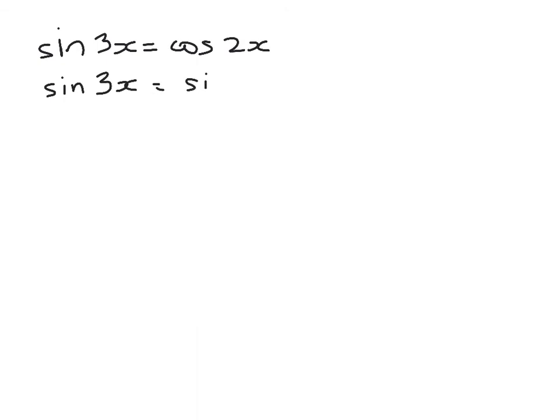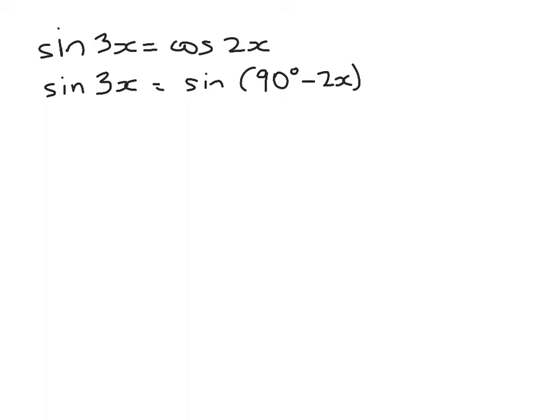Okay, we're asked to find the general solution to the sine of 3x is equal to cos of 2x. How strange. Well, we're going to do it in degrees, but that's easy. First thing I'm going to do here is use what we know about switching between cosine and sine. So sine of 3x is equal to sine of 90 degrees minus 2x.